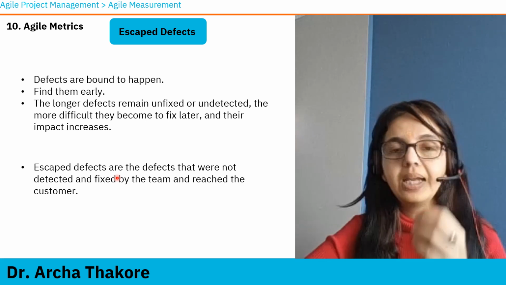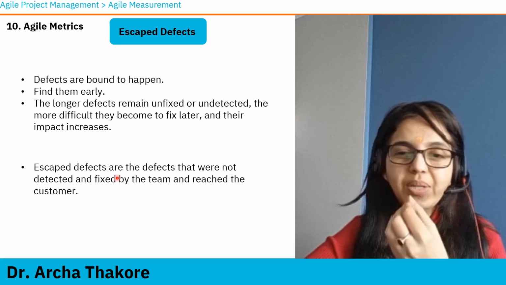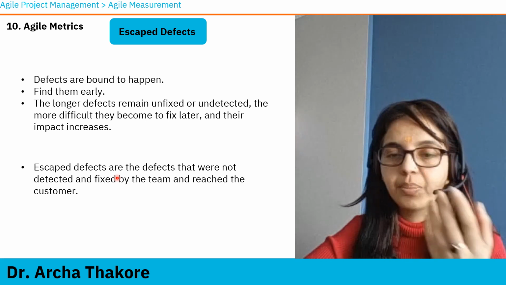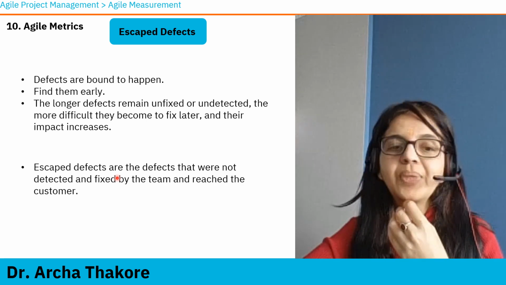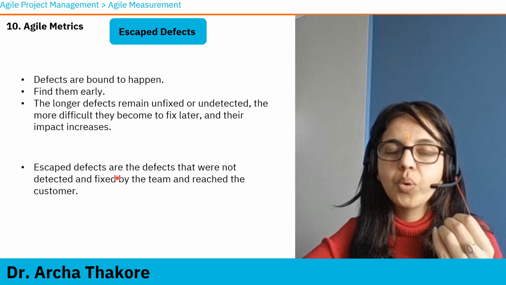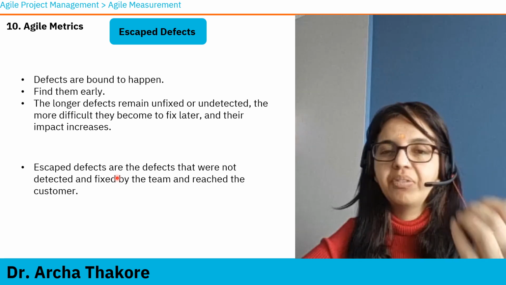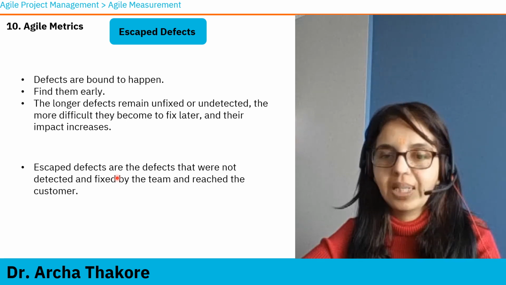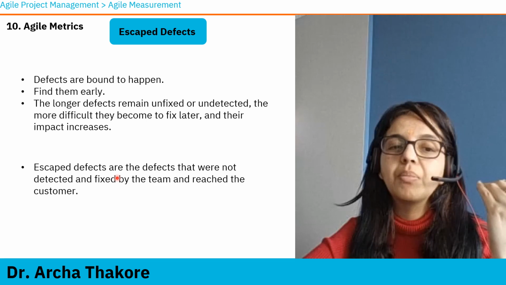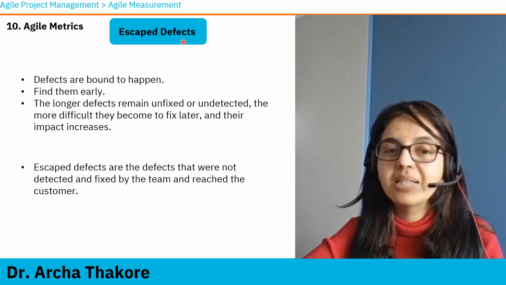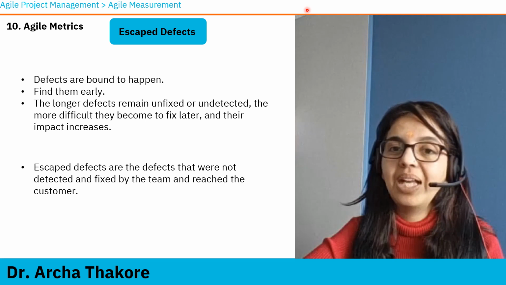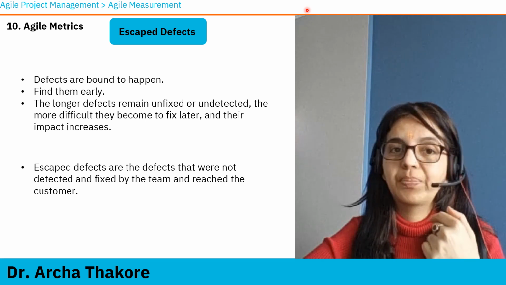Cost of quality is a concept that we learn in waterfall style project management, also in Lean Six Sigma, which means that the later a defect is detected in the process, the more expensive it becomes to fix it. And escaped defects are defects that made it to the customer.